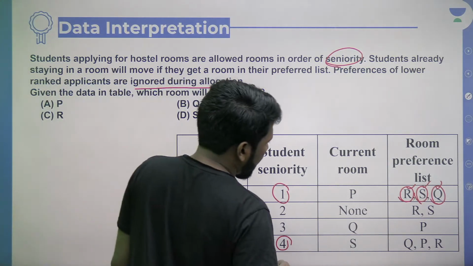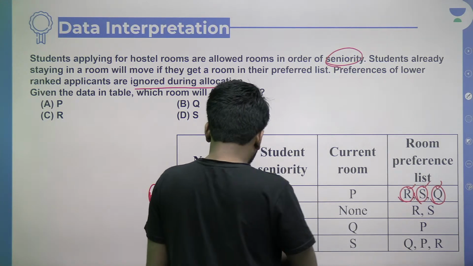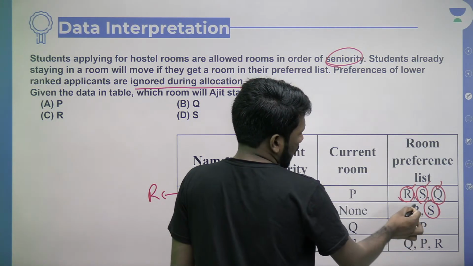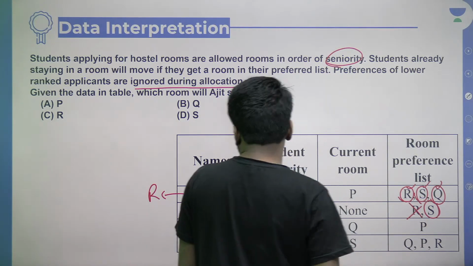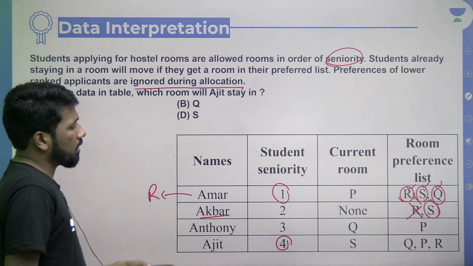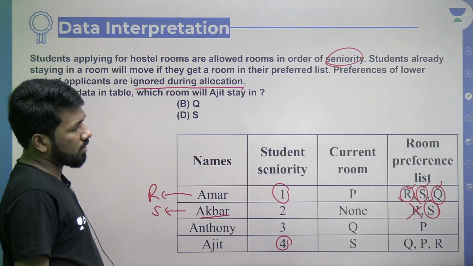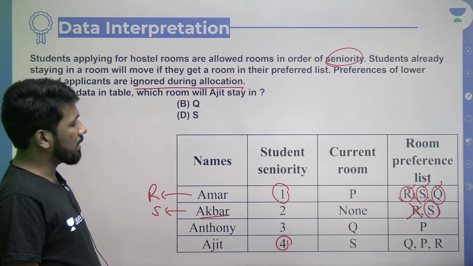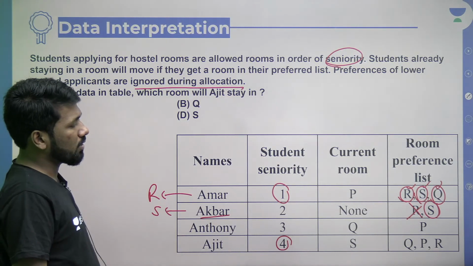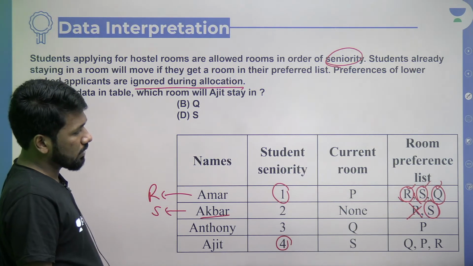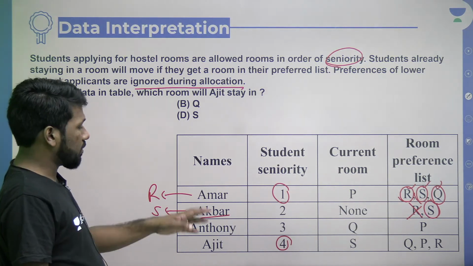As Amar is getting R, Akbar is the second senior most person. He should get S because R is already taken. R cannot be taken by Akbar anymore, but Akbar can take S because S is the second preference and he can take that without any clash with Amar.